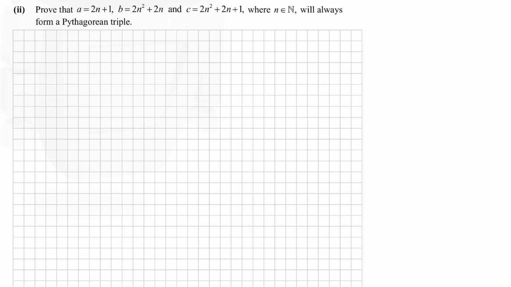I'll just highlight each piece so we can see it. We have A, we have B, and we have C. So we want to prove that A squared plus B squared equals C squared.